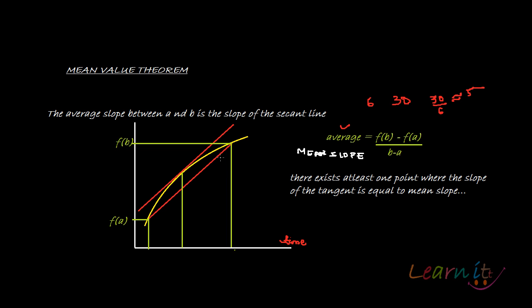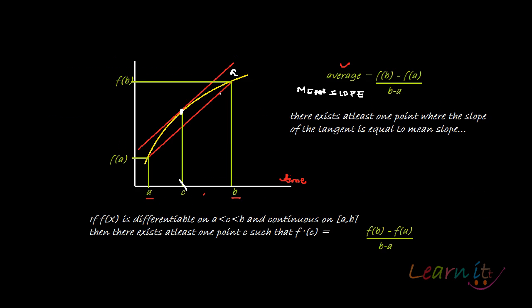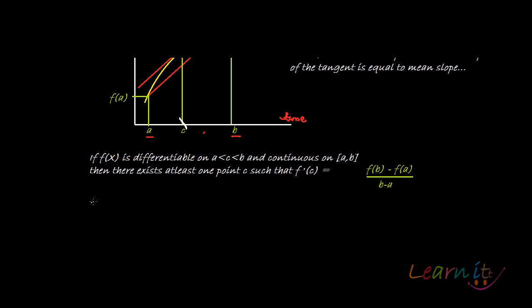So if you take a parallel line, it will create a tangent here. That is point c. So there exists at least one such point. So that's the graphical interpretation of the mean value theorem.